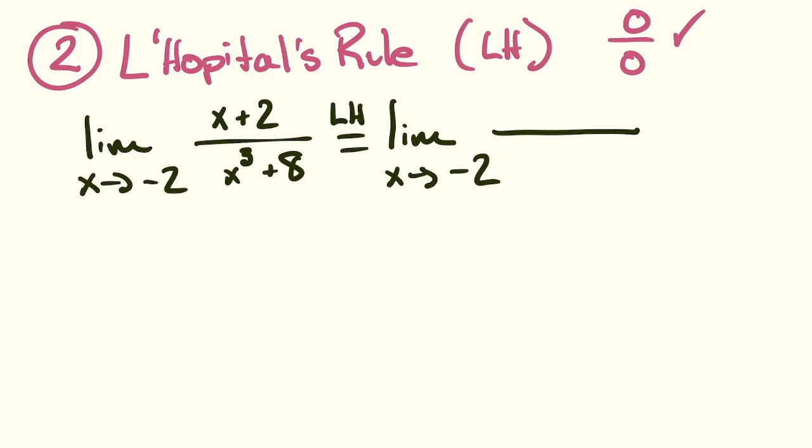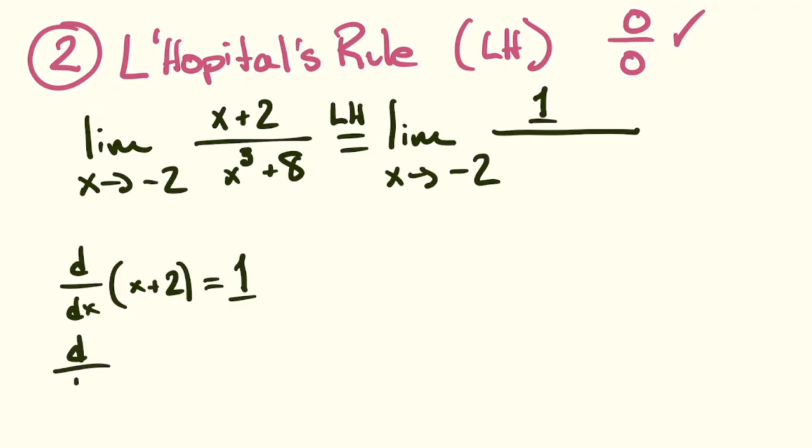So basically that's d/dx of x plus 2, which is going to give us a 1. All right, pop that in there. And then we do the derivative of the denominator, and we'll do that separately. So we're going to bring our power down, subtract 1 to get our new power, and constants will disappear.